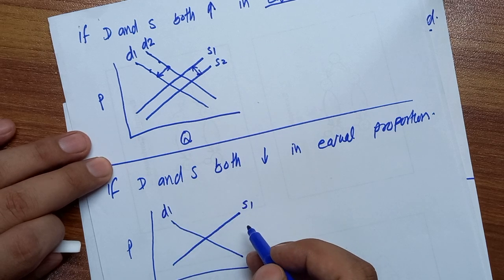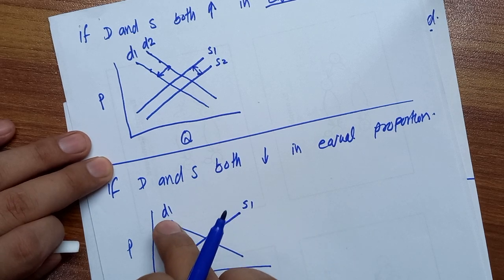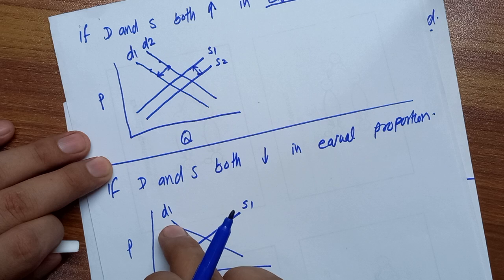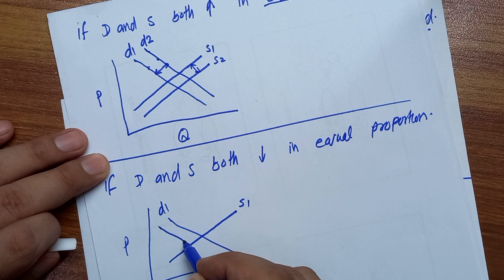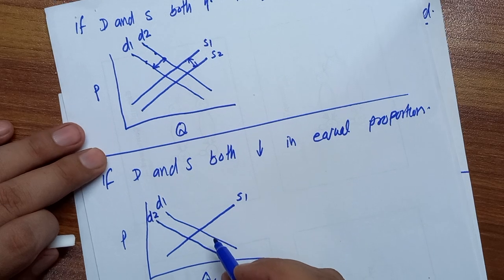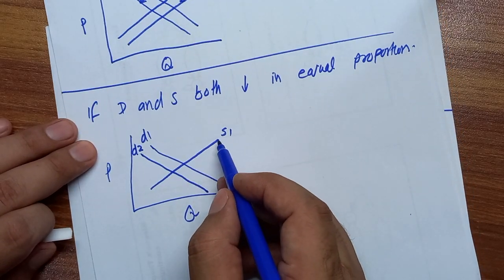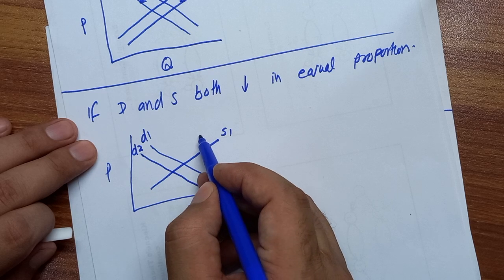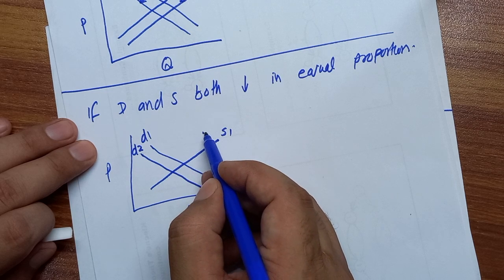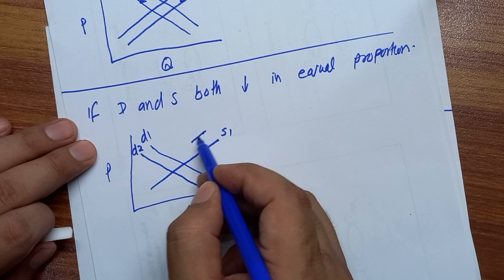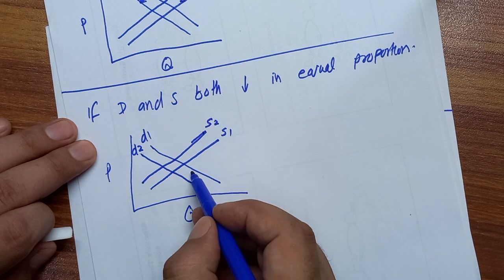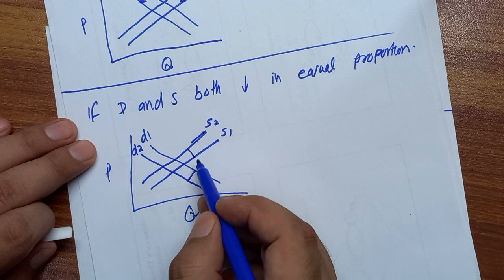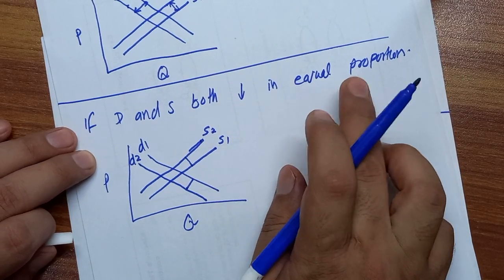Here we have decrease. In the demand, when we are decreasing, we will draw below the original line. This is D2. And we will draw the supply above the original line when we are decreasing. This is S2. The distance between the two changes should be equal, because we have said equal proportion.